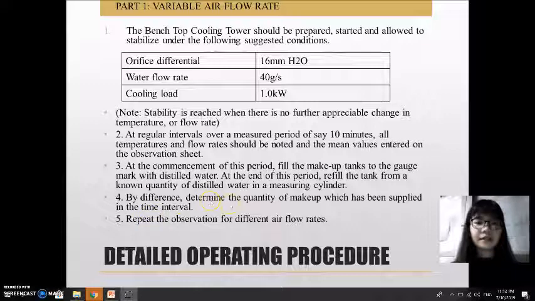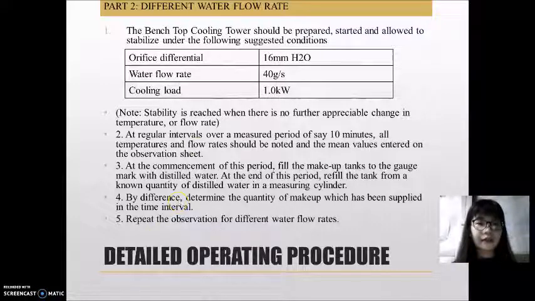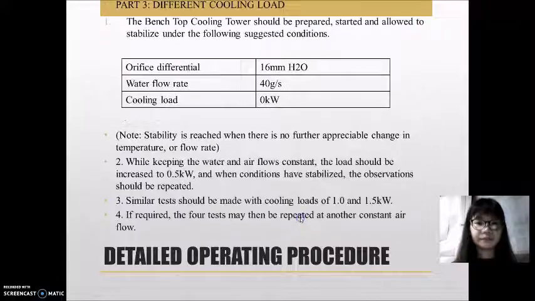By difference, determine the quantity of make-up which has been supplied in the time interval, and repeat the observation for different airflow rates. And part 2 is the different water flow rate. All the steps are similar to part 1. The only difference, which is step 5, is to repeat the observation for different water flow rates.